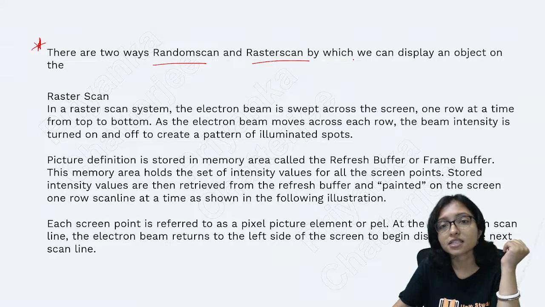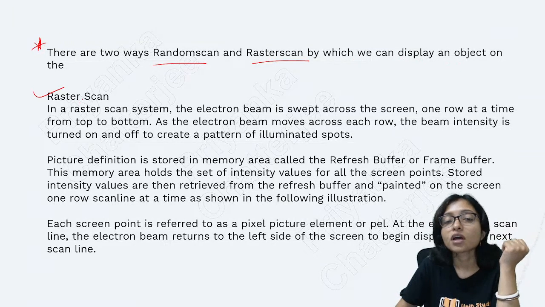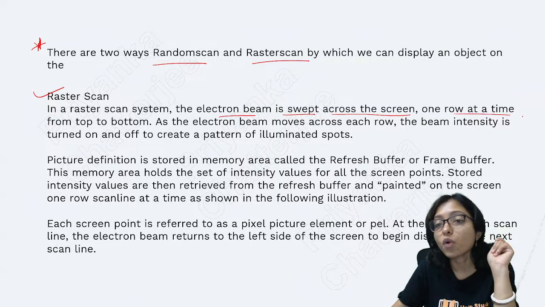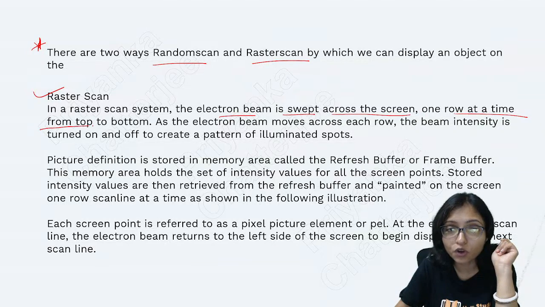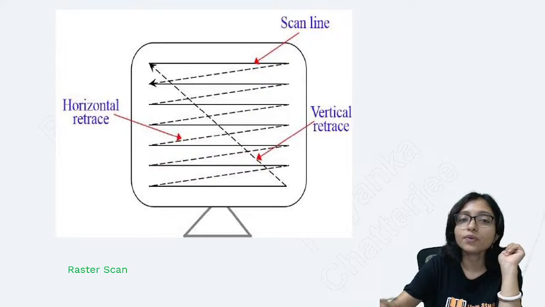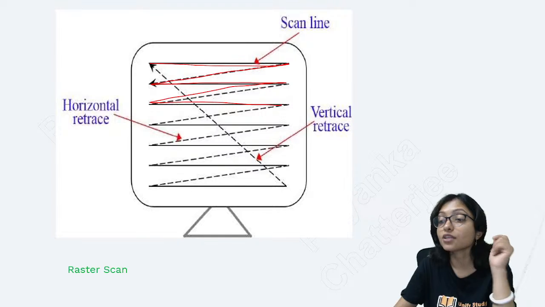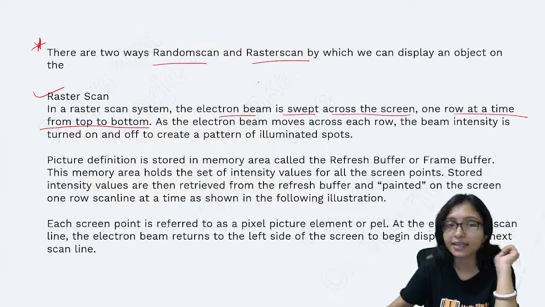In the raster scan system, the electron beam is swept across the screen one row at a time from top to bottom. You can see one row at a time it is coming, after that again it goes, then again it goes, again it comes, like this the scan line is scanning here.